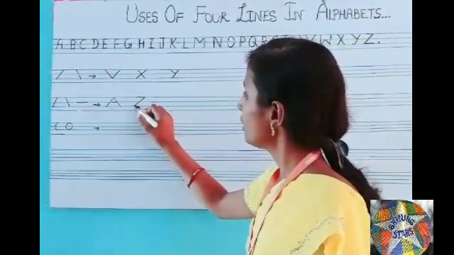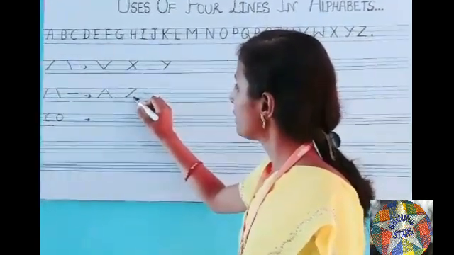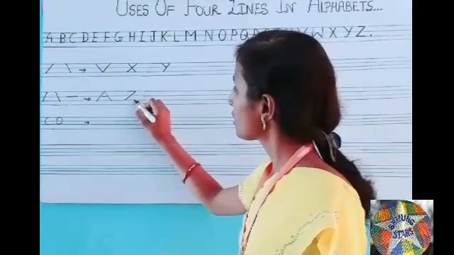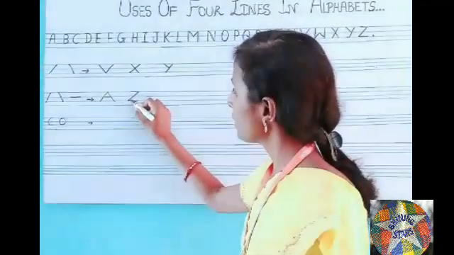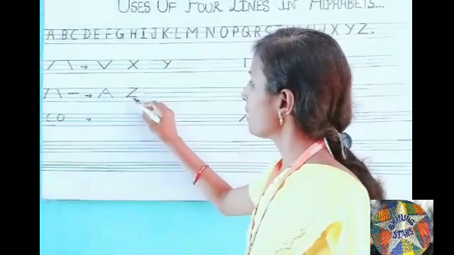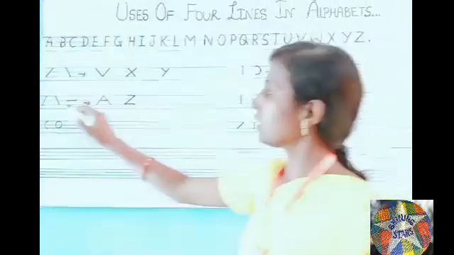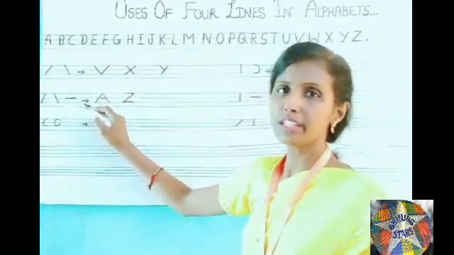Again we will use a sleeping line to make a Z. Give a second dot and join the dots. What does it make? Z. By using slant and sleeping lines, which letters are made?